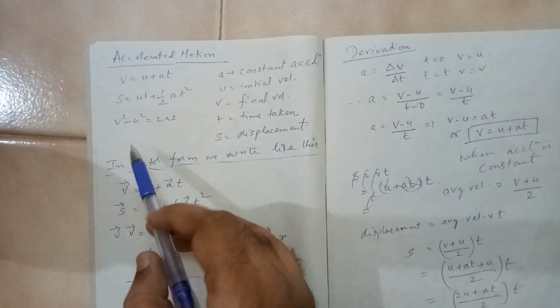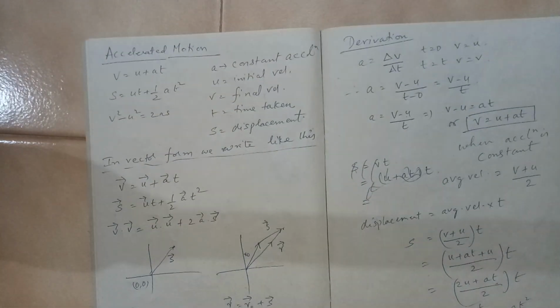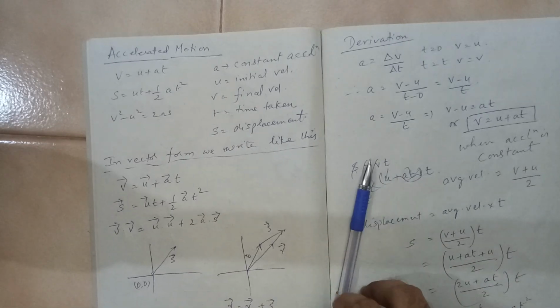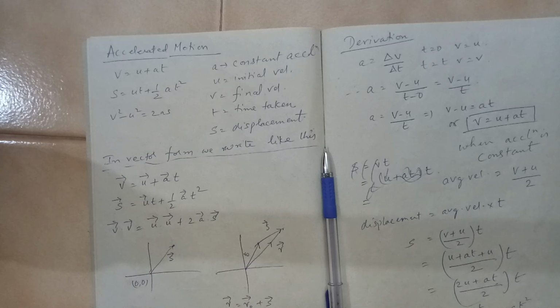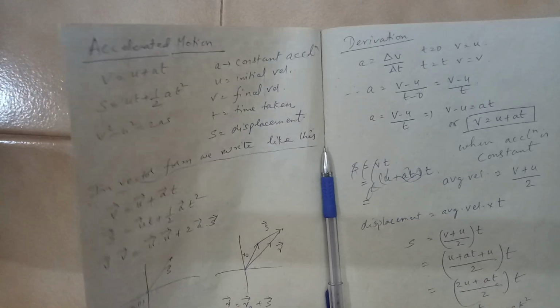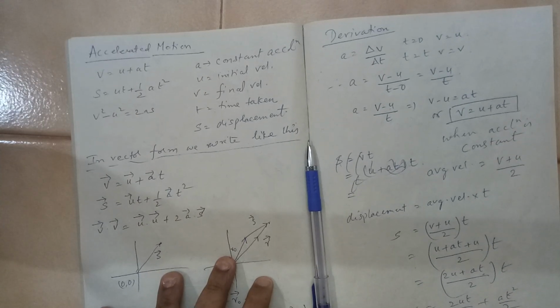Now let us talk about accelerated motion. That means an object is experiencing acceleration. There are two cases: when an object is moving with acceleration and without acceleration. When an object is moving without acceleration, it means a is equal to 0.